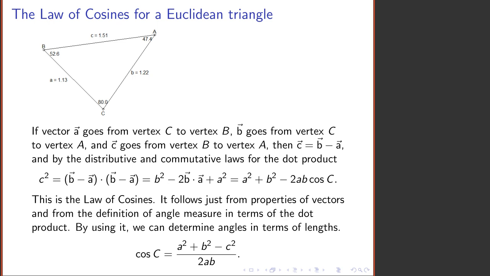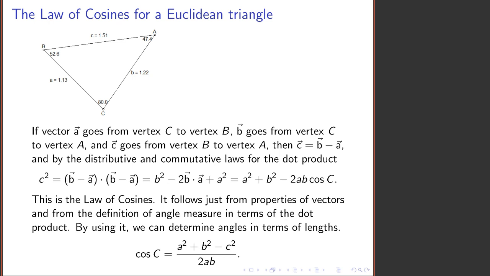So let's start with the law of cosines. We've got a vector A that goes from vertex C to vertex B. We have a vector B that goes from point C to point A, and the vector difference between those two vectors, C, is a vector that goes from B to A. It's the third side of the triangle.